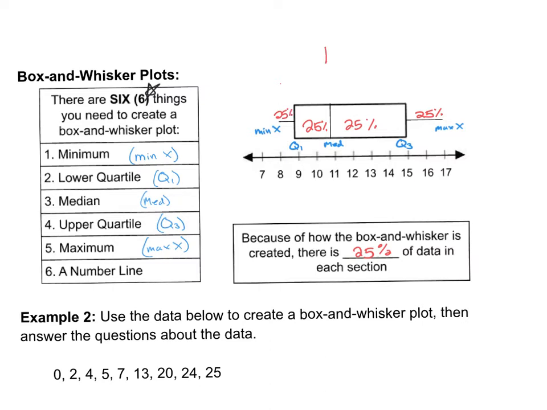Because the median breaks it into 50%, and then when we do our quartiles, that now breaks it into 4 even spots from our start to our finish. So 25% in each section.